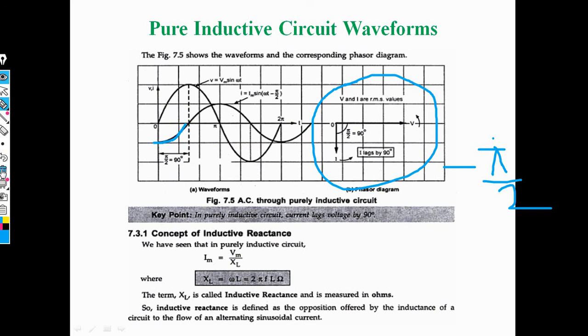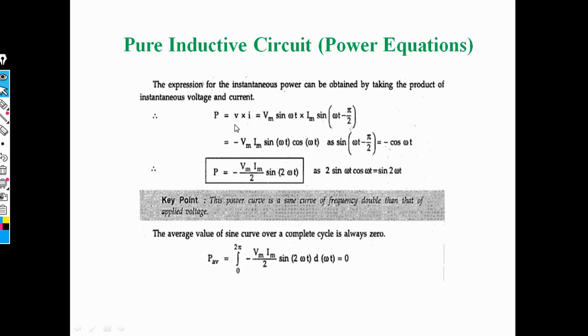Now the power equation is the product of voltage and current. Then put the values, V is equal to Vm sin omega t and I is equal to Im sin (omega t minus pi by 2), as we have chosen the lagging concept.